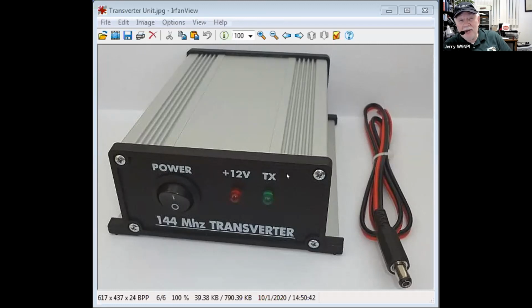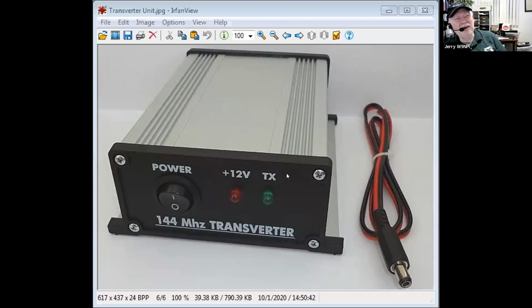Most of the time, people nowadays will buy two transceivers, one for HF and one that'll handle the two most popular VHF, UHF amateur bands, which are 2 meters and 70 centimeters.